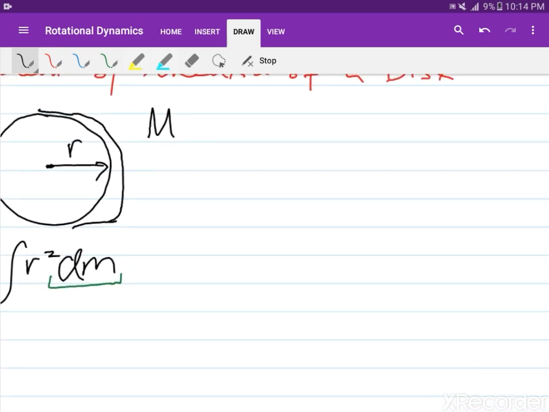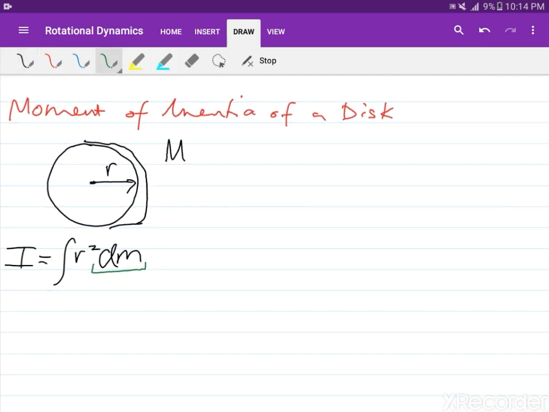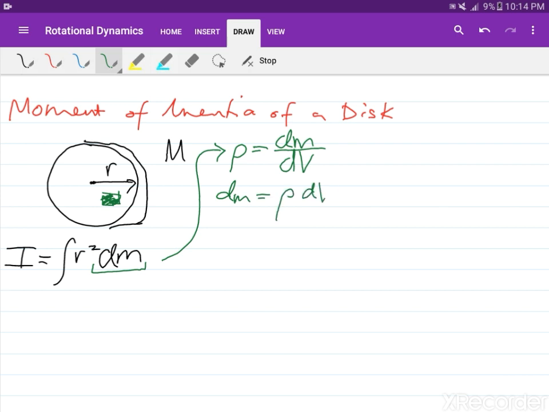In order to find an expression for dm, we can define, for example, a differential mass here occupying a certain differential volume. We can define its density to be the small mass over the small volume. So this is like the mass per volume. Solving for dm, we have density times dV.